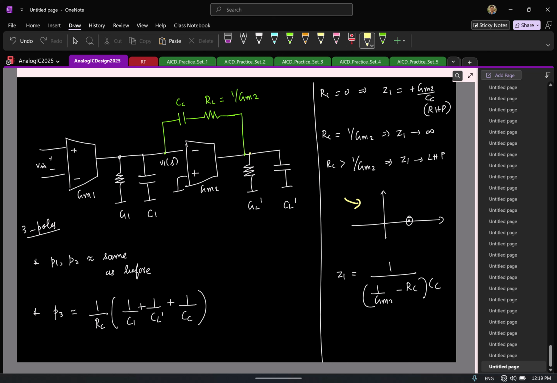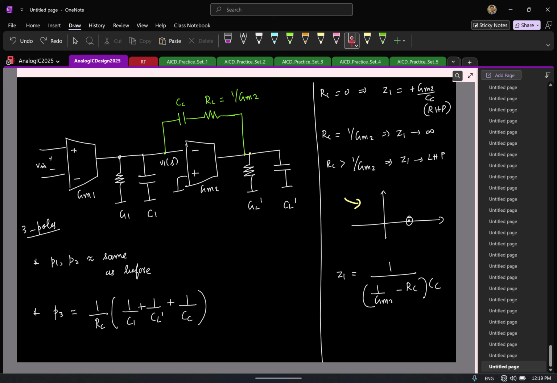Let us say you are looking at some medium to low frequencies, wherein the impedance offered by CC is much larger compared to RC. In that case, we have a large impedance in series with RC. So how can you approximate this? It's just CC. So at medium to low frequency this still behaves like this. That's why, qualitatively, the first two poles are the same as before.